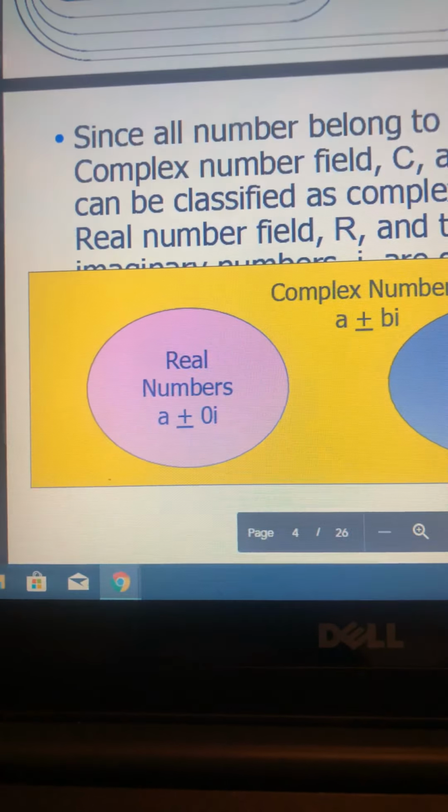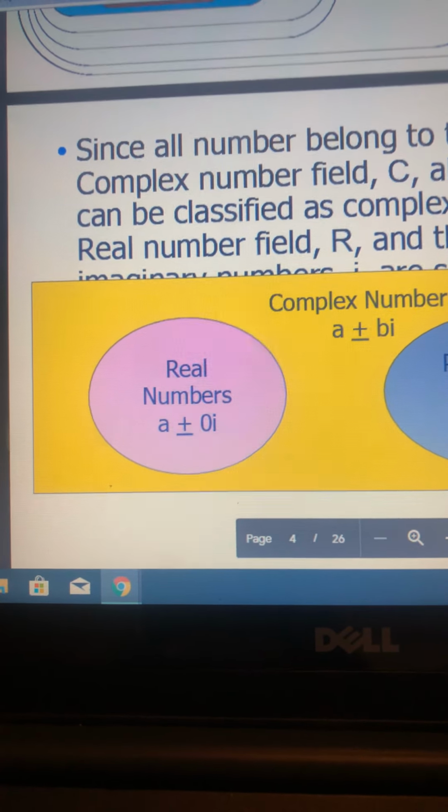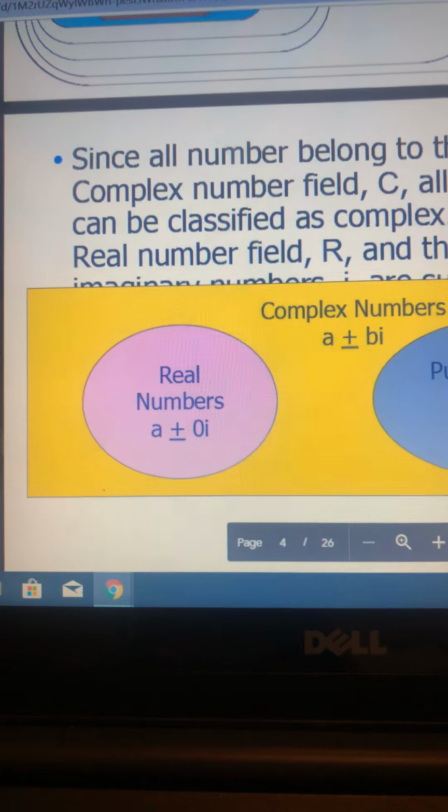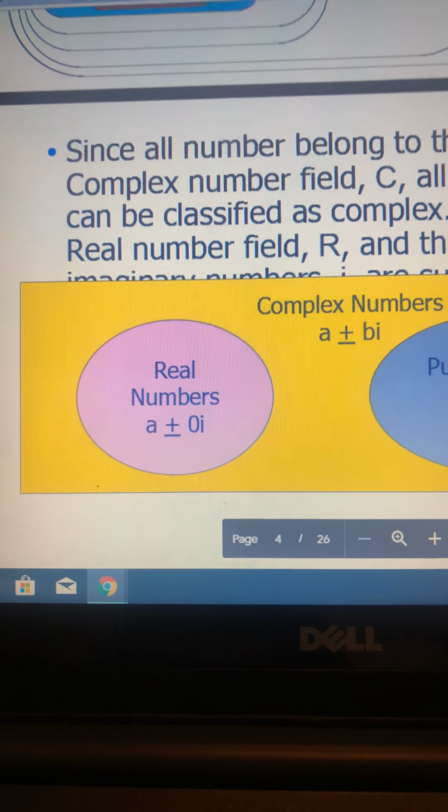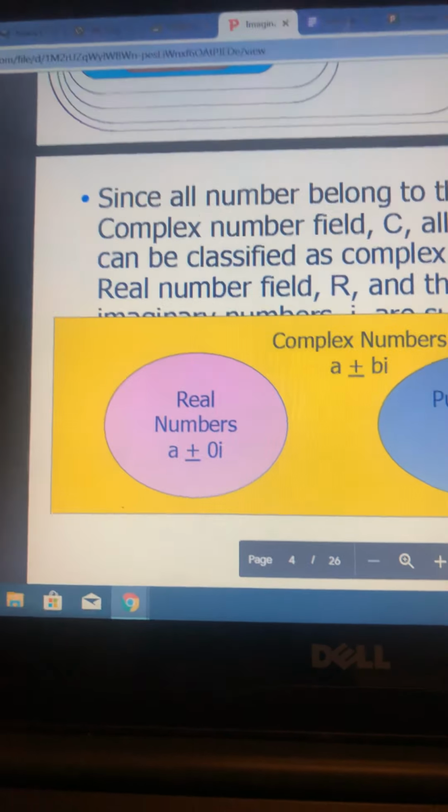But here we say, okay, real numbers are a plus 0i, and of course anything multiplied by 0 equals 0, so therefore it would just equal a, which would be a real number. For example, 3 plus 0i is just equal to 3, which is a real number because anything multiplied by 0 is just 0.